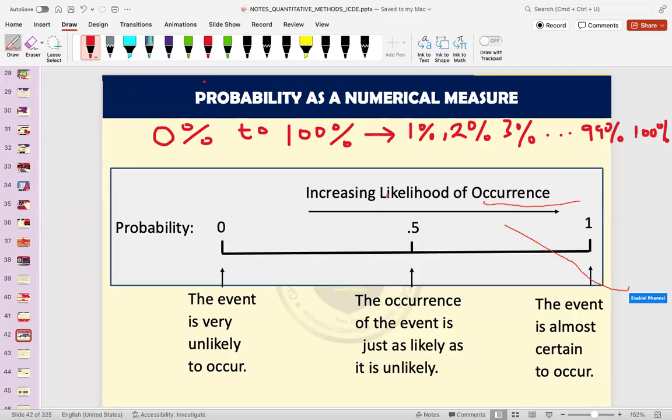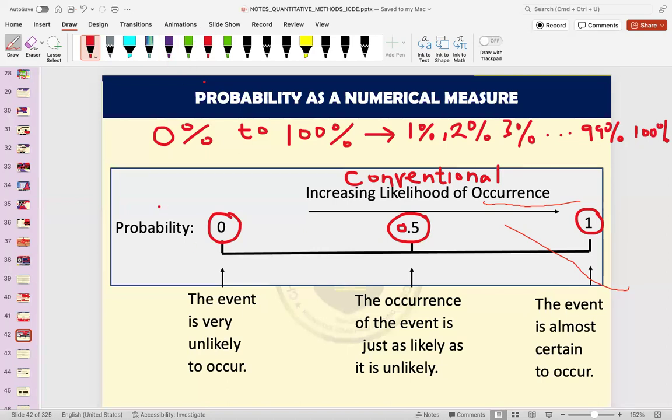Now, when you are writing it in decimals, it is 0, 0.5, and then 1 in decimals. So when you want to change it from decimals to percentage, you just multiply them by 100, and then you get a percentage. But let's look at the three conventional ones, common ones that are used in the system.